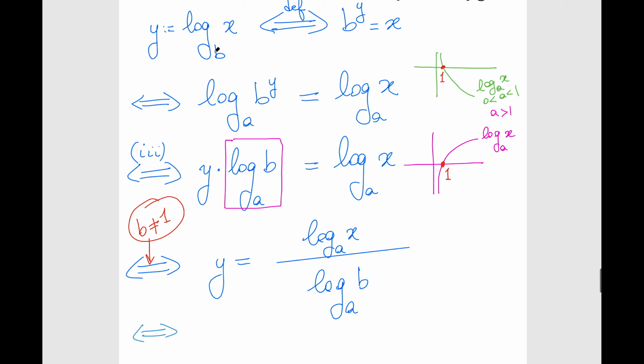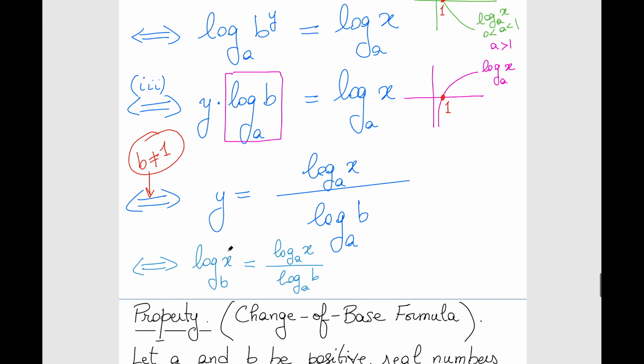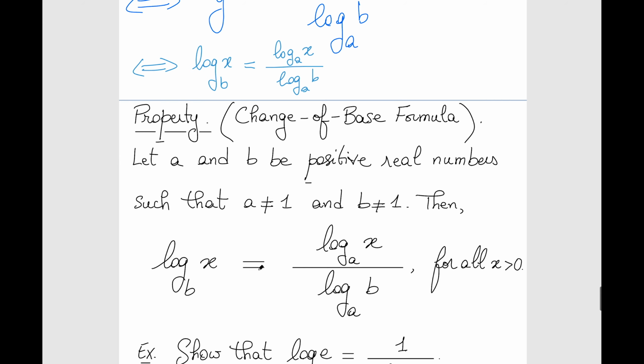Y is log base b of x. So log base b of x is equal to log base a of x divided by log base a of b, right? So this is the change of base formula, the next formula. This is the proof of it. And this is true for any x being positive, right? So I recorded this over here.